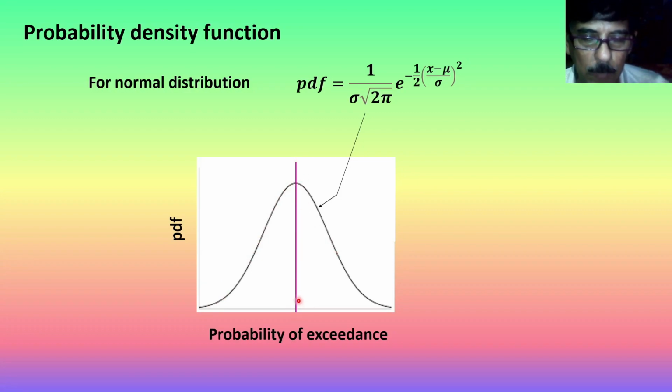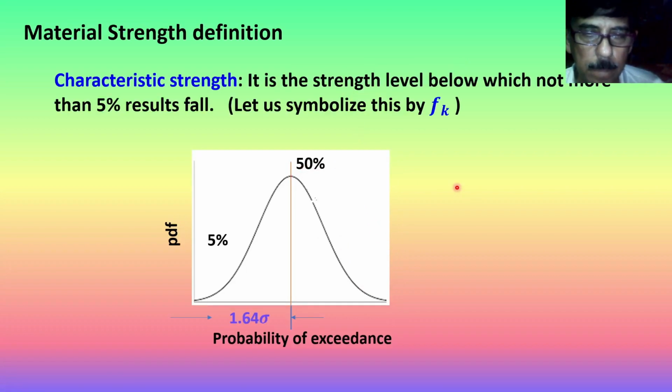The distances from the mean will be given in terms of sigma. So 1 sigma, 1.64 sigma, etc., on the left or on the right. The total area of the probability curve is 100% or 1.0. So this is the 50% line.